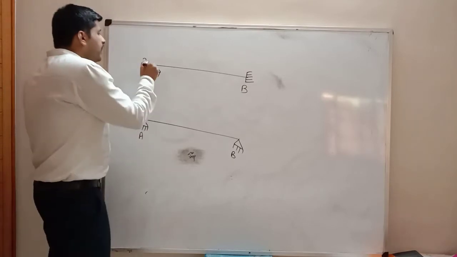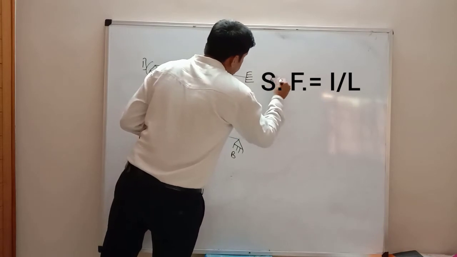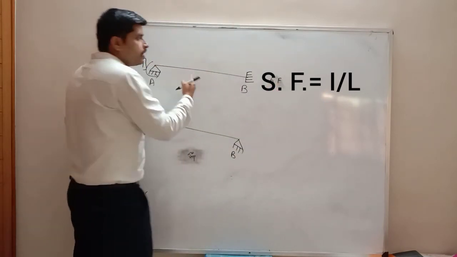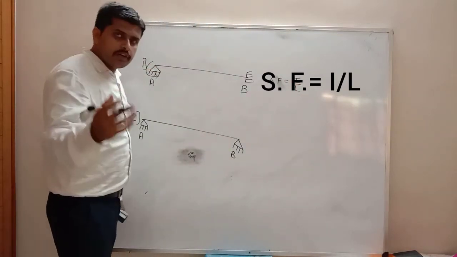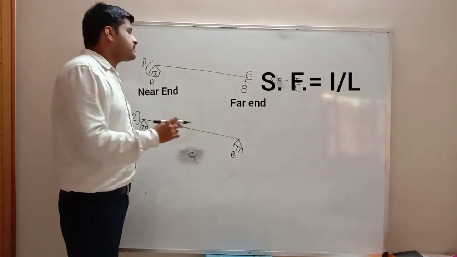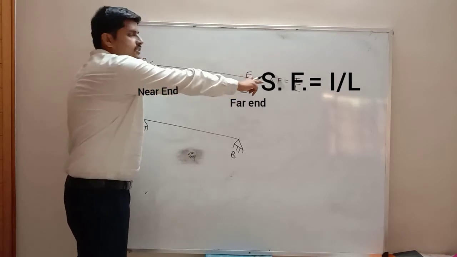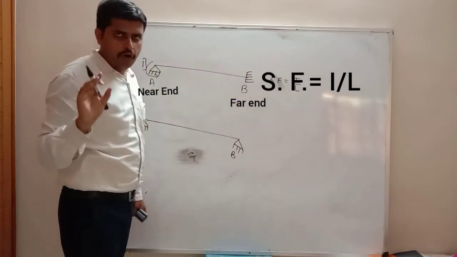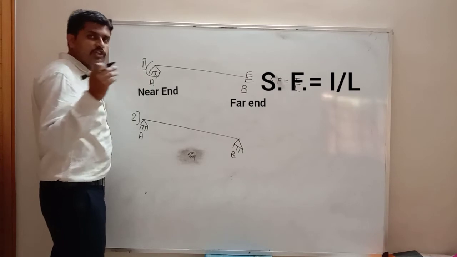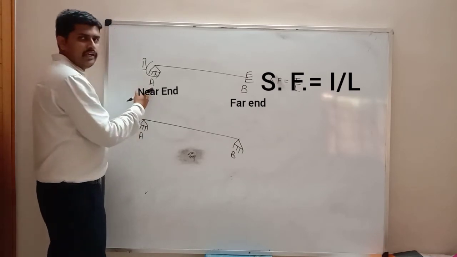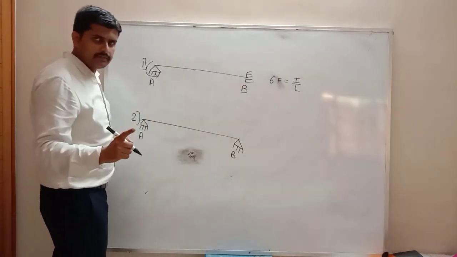If I applied moment M at this point, then the stiffness factor for this beam will be I upon L. In other words, if the far end is fixed end, then stiffness factor will be I upon L. The moment applied at a joint is called as near joint, and the other end is called as far end.